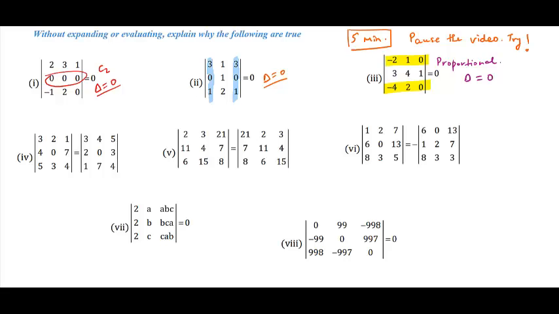Now we move to the next part. So in the next part, what we observe is that this 3 2 1 appears here, and then you have maybe 4 0 7 appears here, and then maybe 5 3 4 which appears here.